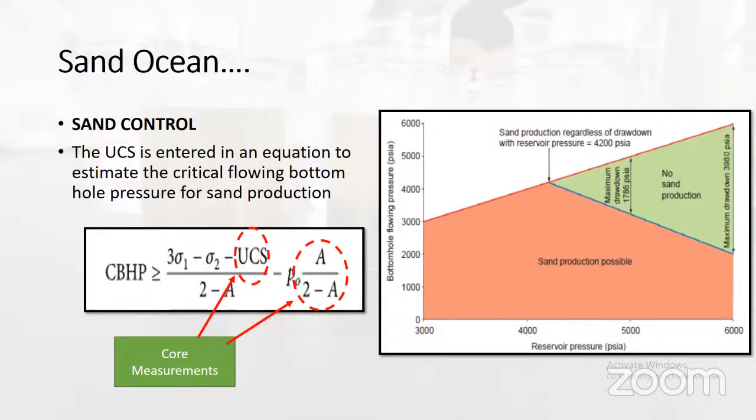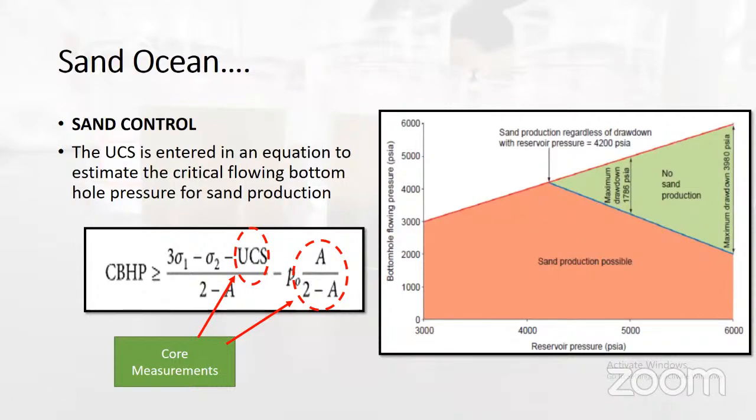If you already have a sand production problem, you will also need some geomechanical properties, like the unconfined compressive strength and the TWC and so on, to estimate the proper drawdown that you can have without any sand production.